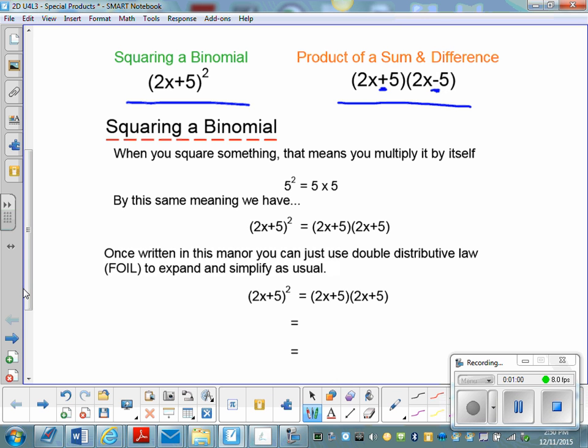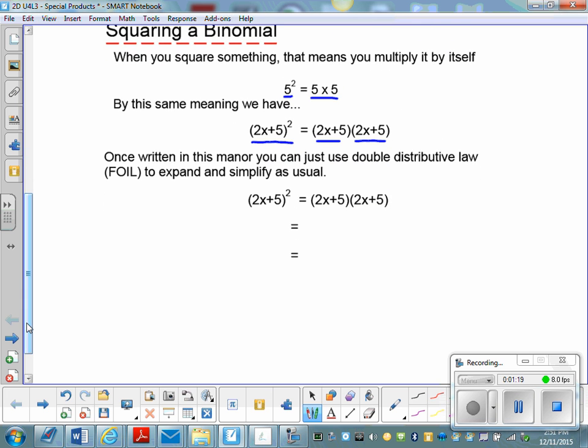When we're squaring a number, it means that we multiply it by itself. So 5 squared means 5 times 5. So according to that, if we have something like 2x plus 5 squared, then that 2x plus 5 multiplies by itself. So 2x plus 5 times 2x plus 5. So when we see something like this, we can rewrite it like this, and then we can go ahead and do FOIL on it.